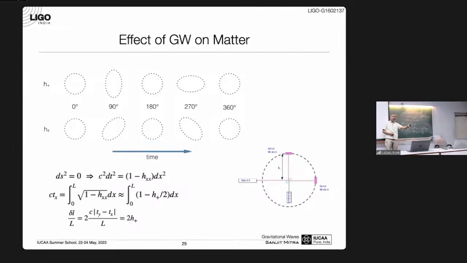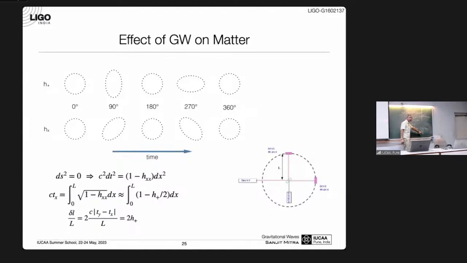So you get exactly the same change when light returns as well, right? There is no difference that way. So the total change along the x direction for a round trip, going and coming back, becomes minus h plus L by 2c.